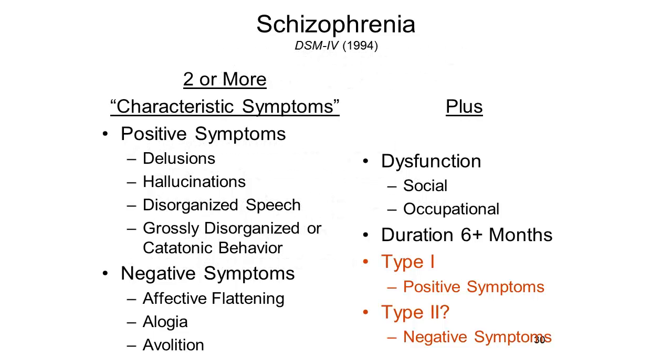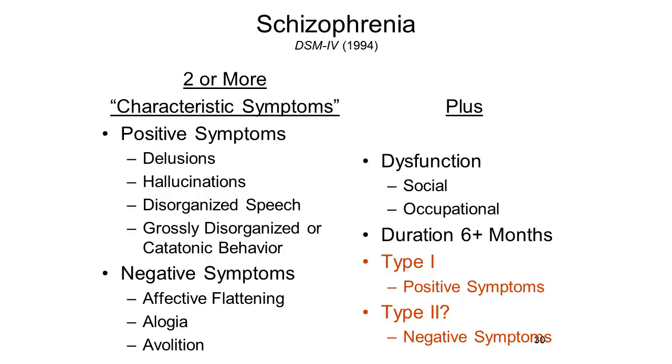So, for example, schizophrenia is now diagnosed when the patient presents any two characteristic symptoms. Positive symptoms entail the presence of something that's normally absent, like hallucinations or delusions. Negative symptoms entail the absence of something that is normally present, such as appropriate emotional responses.